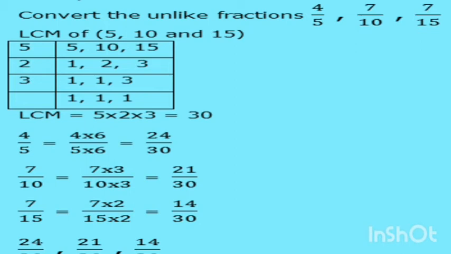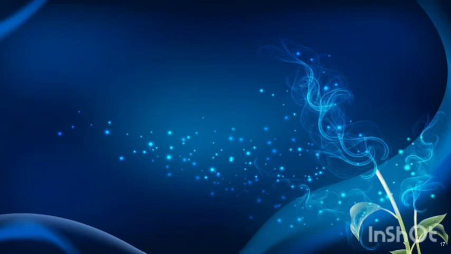So let's see the first fraction, 4 by 5. Since we want our denominator to be 30, 5 needs to be multiplied by something. So 5 6s are 30. That means we will multiply the entire fraction, numerator and denominator both, by 6. So 4 6s are 24 and 5 6s are 30.